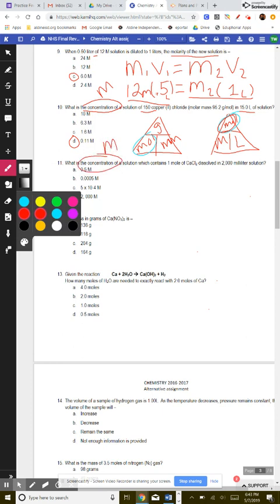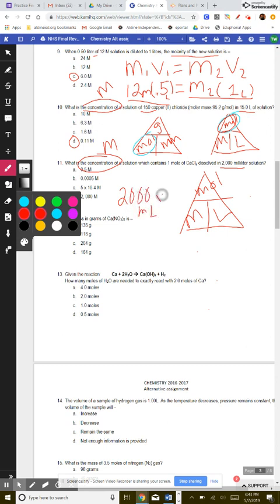Concentration means molarity, right? So the molarity triangle that we just used in the previous question, mole, molarity times liters. Okay, so if it's telling me 1 mole dissolved in 2,000 milliliter solution, this is liters, so I have to turn this milliliter into liters.